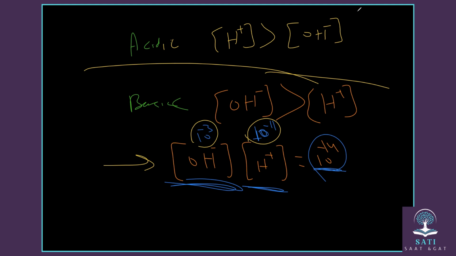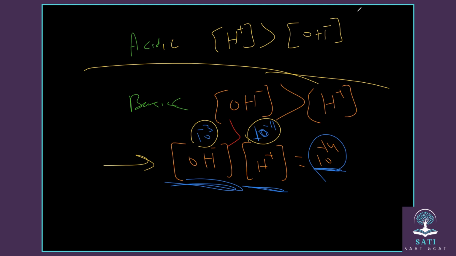So in this case, 10 to the power of negative 3 is greater than 10 to the power of negative 11. That means OH has more concentration than H. This one is called a basic solution. And it's the opposite: when we multiply the concentration of OH and H, it gives us a constant, which is 10 to the power of negative 14.